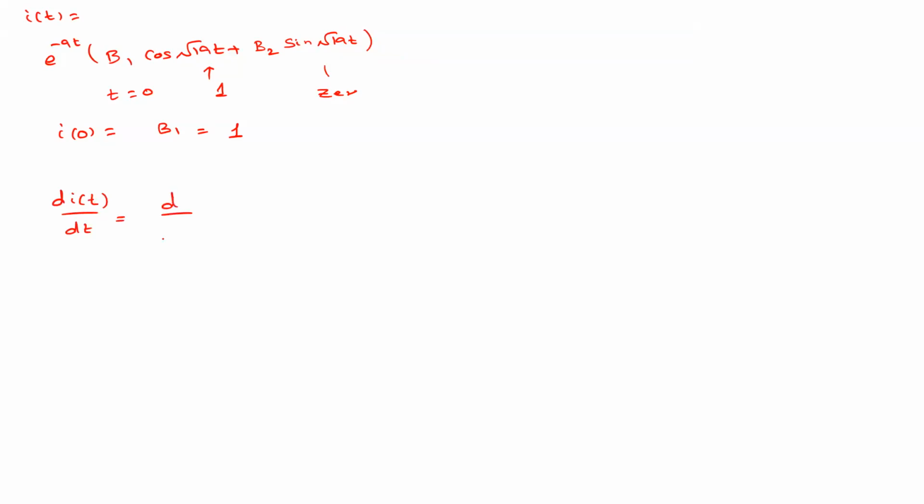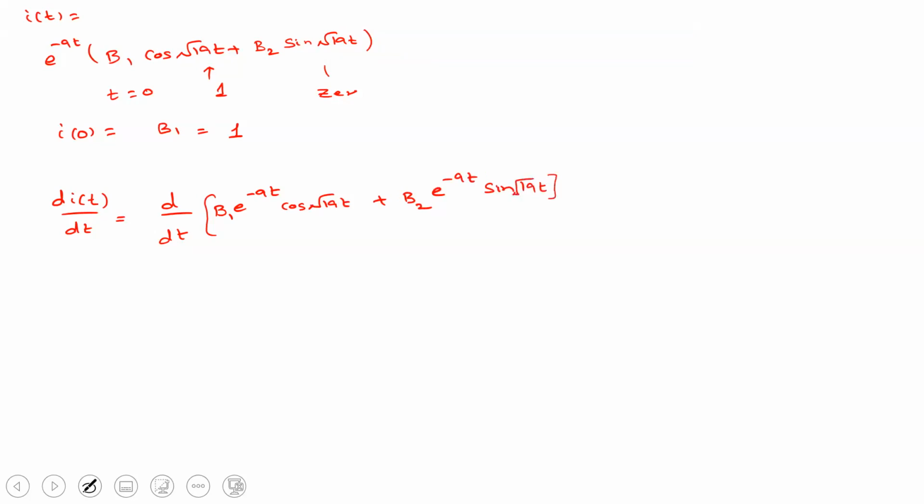If you notice, if you separate these terms, e to the power of minus 9t into B1 cos root 19t is the first term, and B2 e to the power of minus 9t sine root 19t is the second term, right? So what is the derivative of the first part? You know these two derivatives, right?